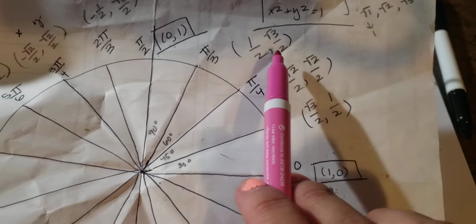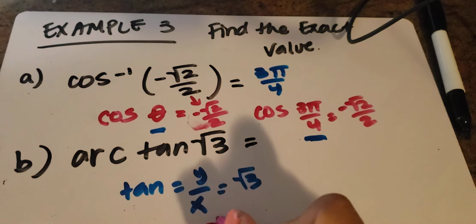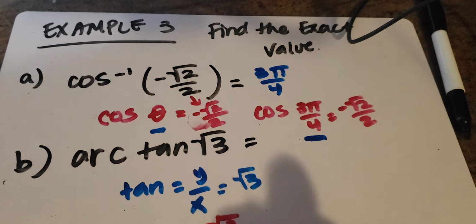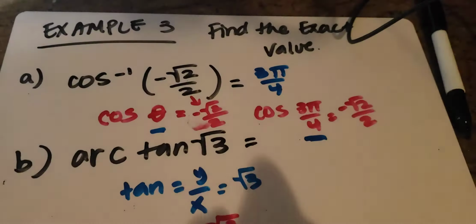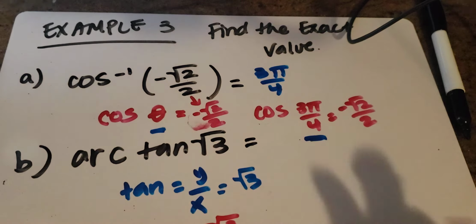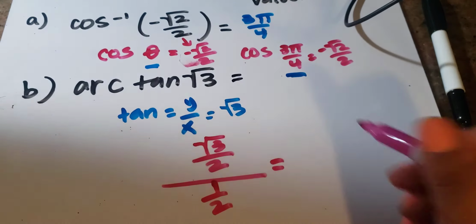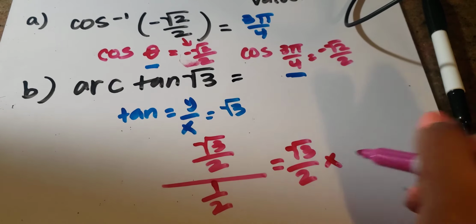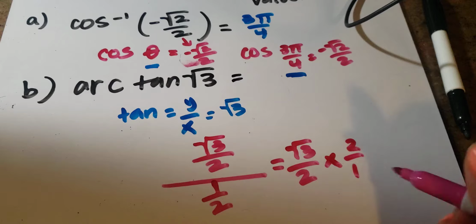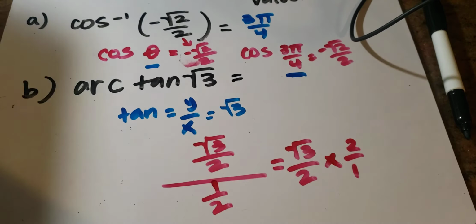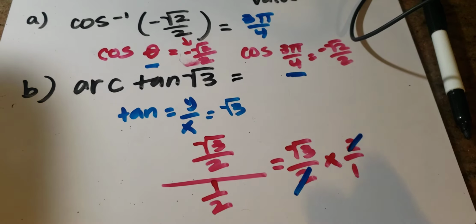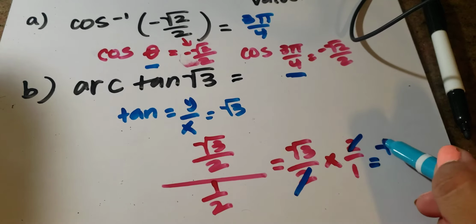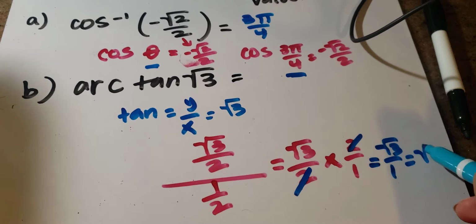Our y value here is radical 3 over 2. Okay. And if we divide that by 1/2, and I've showed you guys many times, it's the same as saying square root of 3 over 2 times the reciprocal, 2 over 1. And then what would basically happen is our 2's cancel, and then we're left with square root of 3 over 1, or just square root of 3.